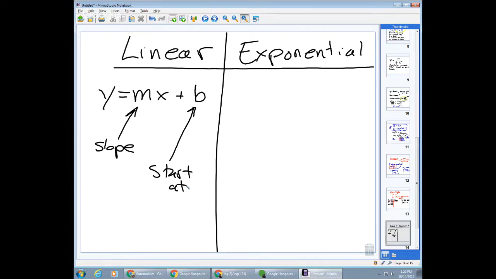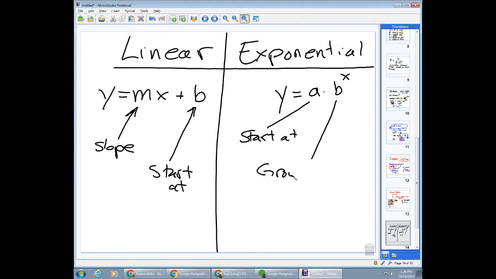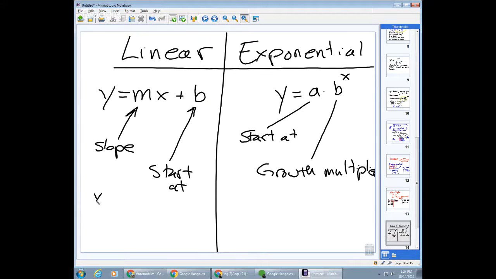If it's exponential, it's going to be something like y equals a times b to the x. And then a is your start value, and b is your growth multiplier. Slope, remember, is change in y, like y2 minus y1 over x2 minus x1, right?